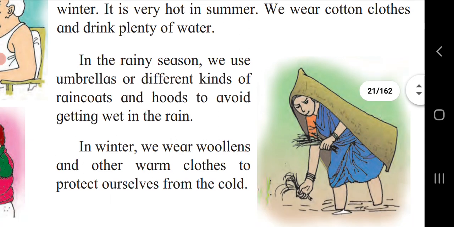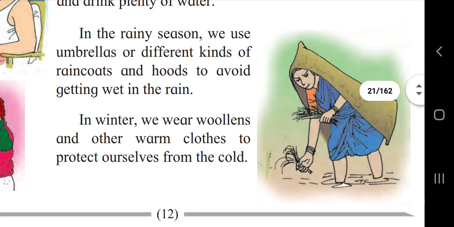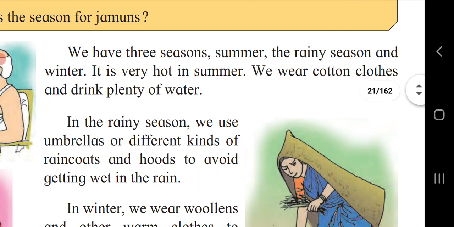In winter, we wear woolen and other warm clothes to protect ourselves from the cold. Yes, these are the three seasons, and in the three seasons we react differently. In summer our clothes are different. It is very warm to hot in summer, in the rainy season it rains, and in the winter season it is cold.